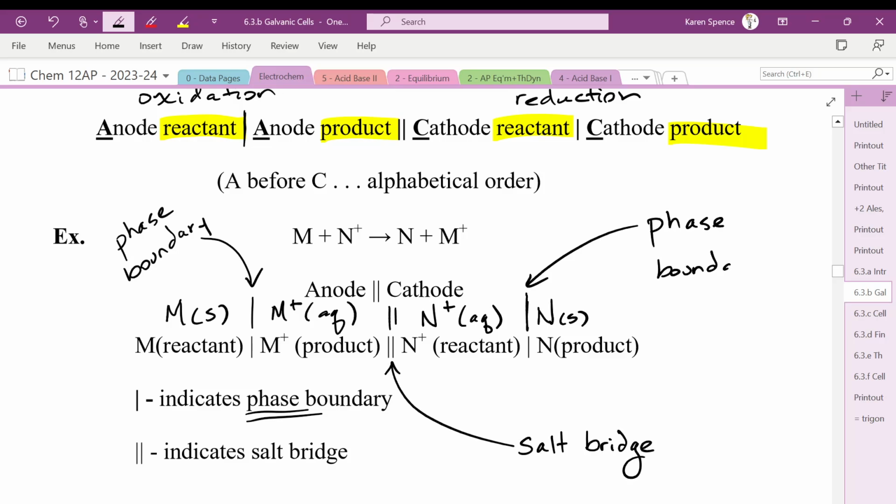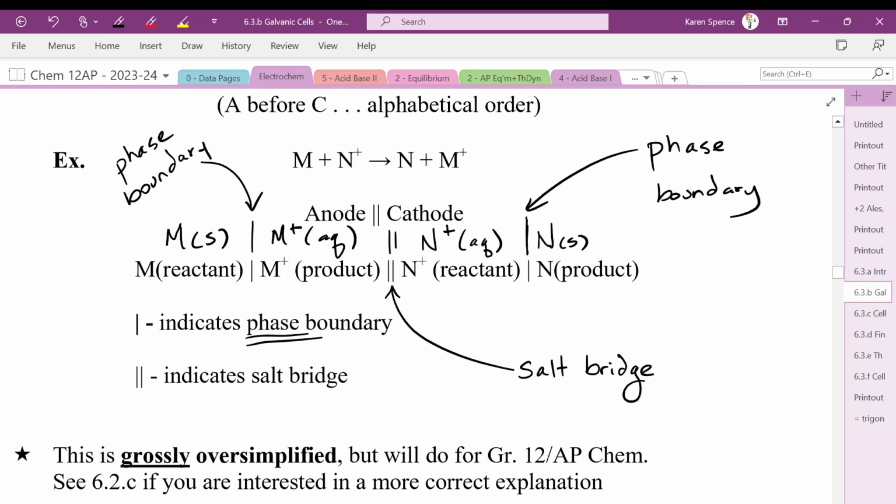For Chemistry 12 and AP Chemistry, this is all you need to know about cell diagrams, okay, cell notation. This is grossly oversimplified, okay?